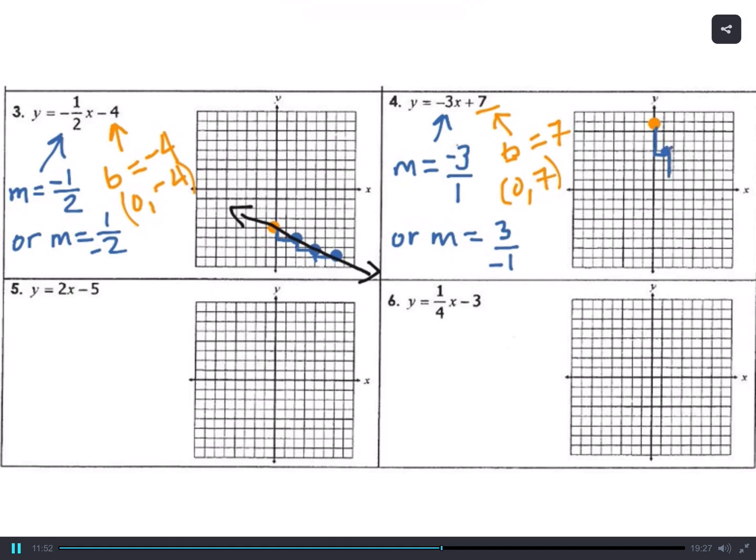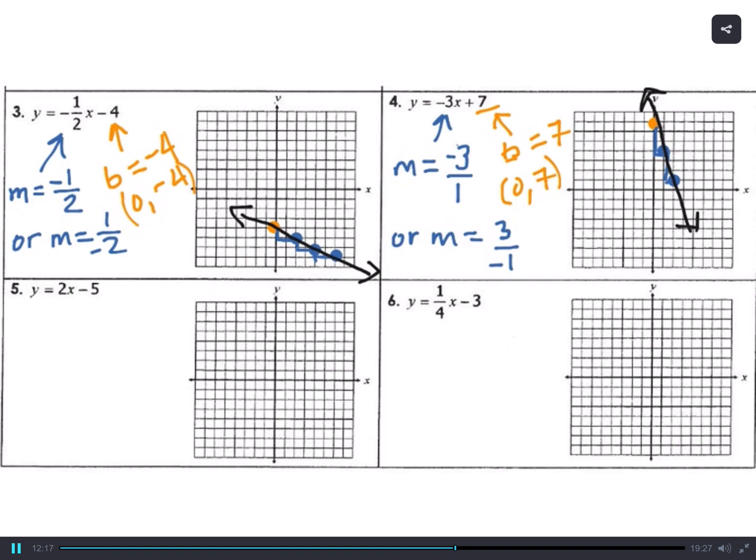Do it again, down 3, and then over 1. Once I get to 3 points, I usually stop and connect them. You could keep going if you wanted to until you ran out of graph, just so that you knew that it was done exactly correctly. Okay?